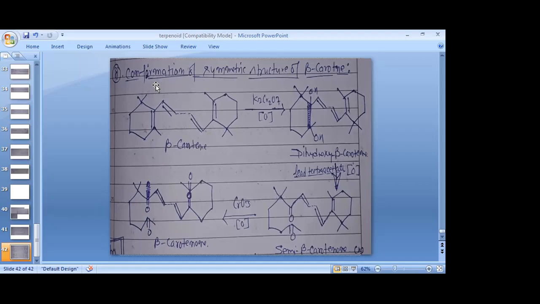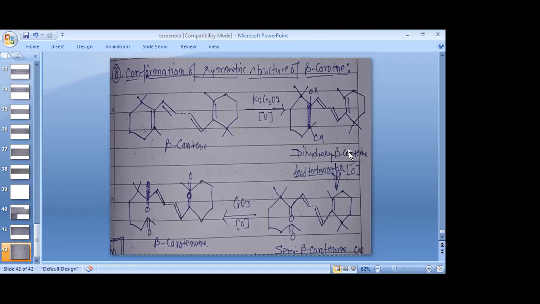Beta carotene on oxidation with potassium dichromate converts into dihydroxy beta carotene, which on oxidation with lead tetraacetate, a mild oxidizing agent, means alcohol converts into aldehyde or ketone, not carboxylic acid, right?